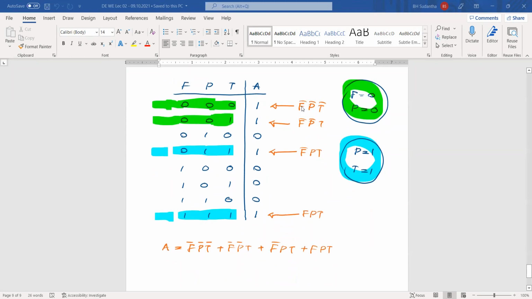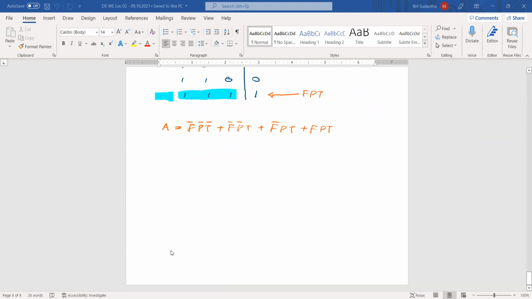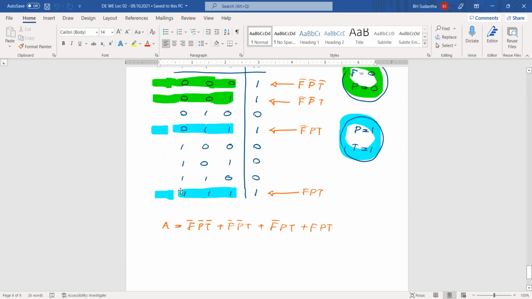Finally, we add all these 4 conditions together to write the output equation for the alarm. Then we have to draw the circuit.